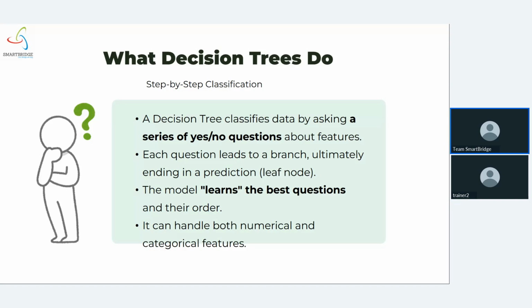Suppose you're attending this session, then the question will be who is teaching your session? What is the session? If you're enthusiastic about the session, we'll ask you questions like what is the session name. Based upon every question, your answer will be a yes or no. Based upon the yes and no, we'll be predicting the output based upon the decision tree.